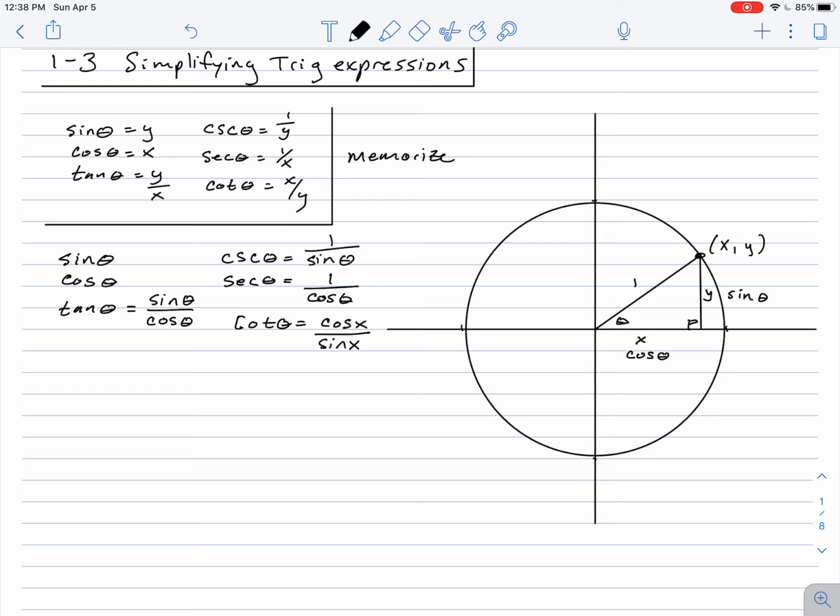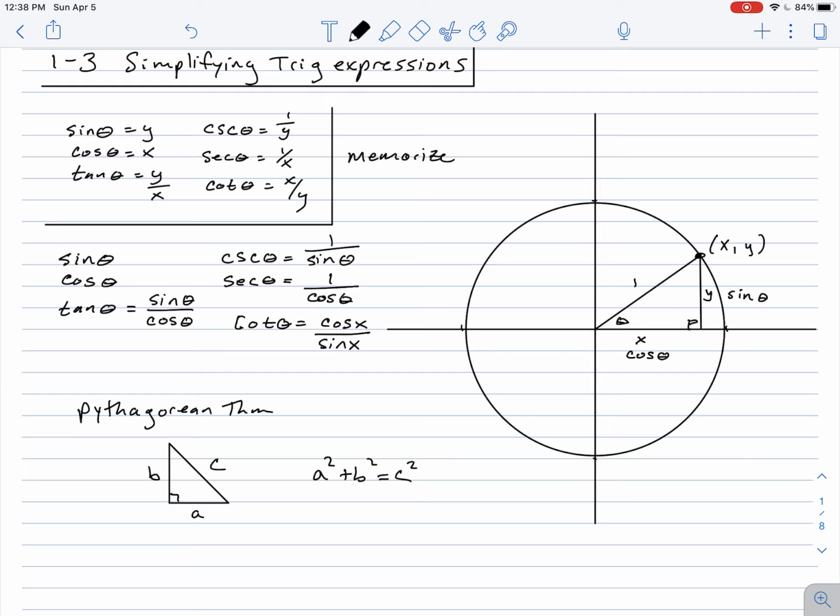The other thing that I want to redefine is the Pythagorean theorem. So we looked at this in the last video in terms of a right triangle. So here's my right triangle. This is my A, this is my B, and my C, and the Pythagorean theorem says that A squared plus B squared equals C squared.